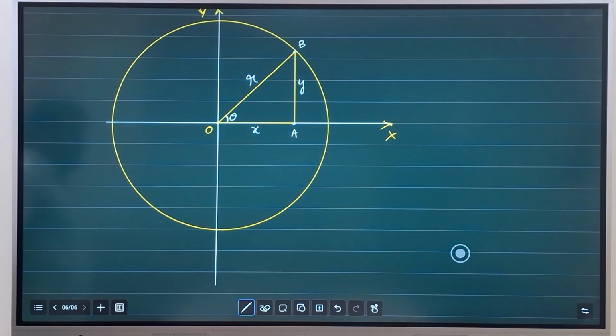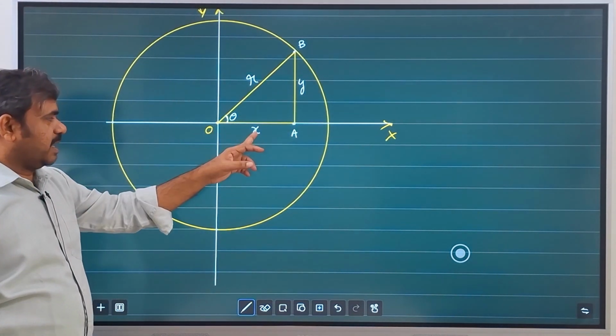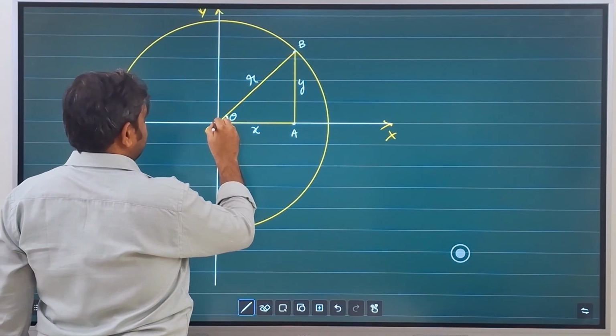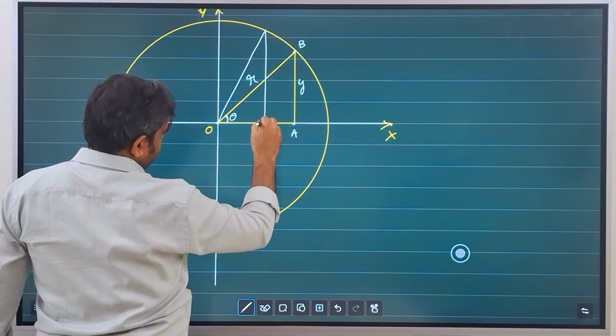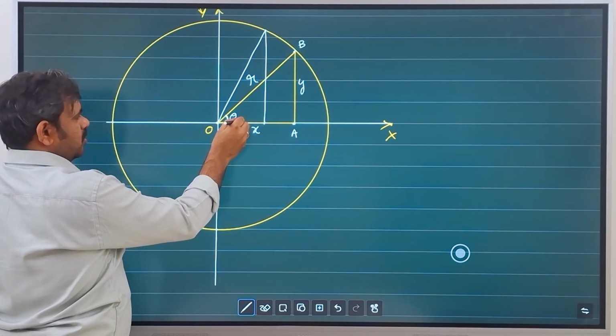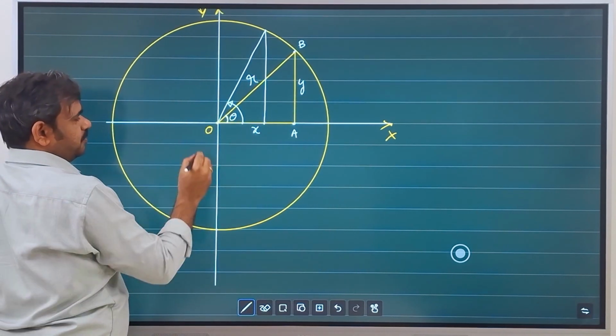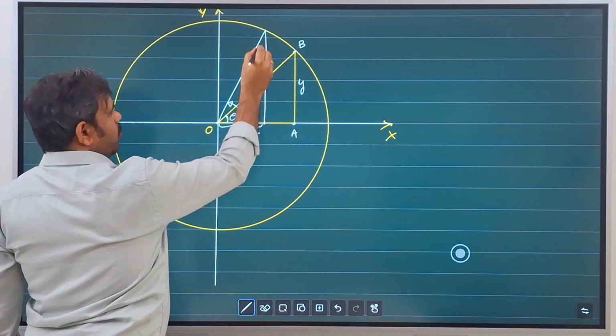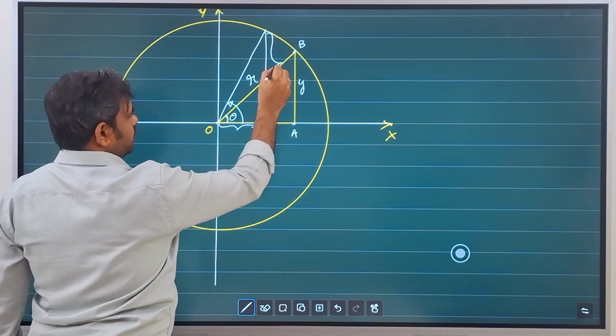As theta increases, y increases, x decreases. Let me draw one more right angle triangle. Look at this right angle triangle. Now, the angle has increased, x has decreased, y has increased.